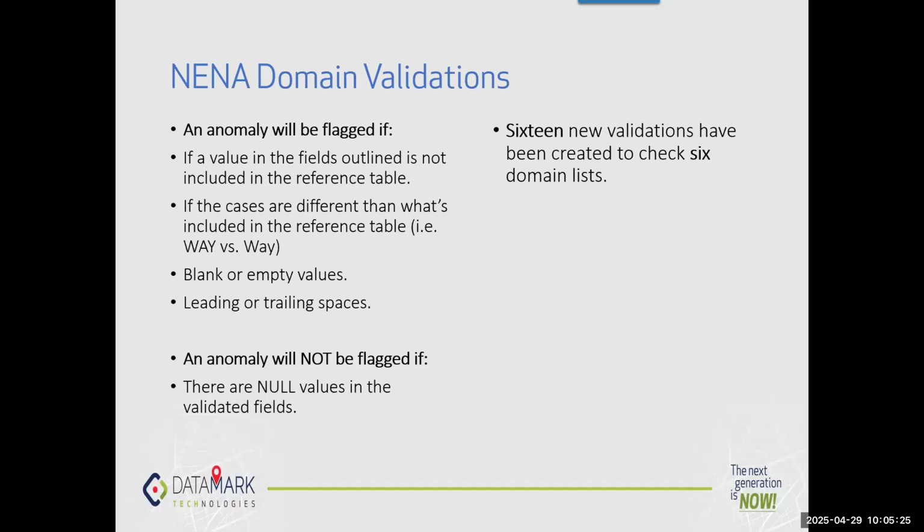We're either pulling from the NINA website itself, if it has a list there, or we are pulling from the NINA version 2 geodatabase template domain values. Again, an anomaly will not be flagged if there's a valid null in those fields. So null's okay, but blank or empty, leading or trailing spaces, a different value than what's acceptable in NINA, or a different case than what's acceptable in NINA will all flag anomalies for this validation.